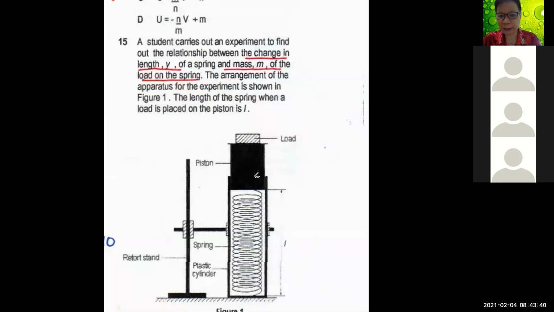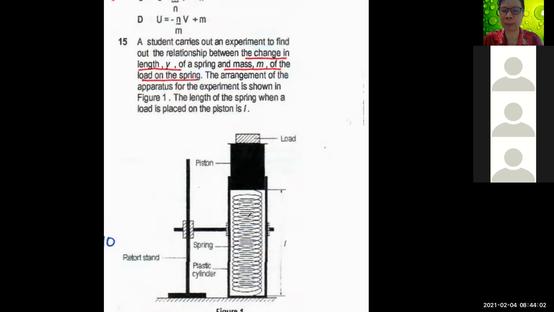Okay, the concept of this experiment is like this. This is a spring. So you put this load on top. Then you see what is the change in the length of the spring. The concept is very simple. The more load you put up here, the length of the spring will decrease, right?